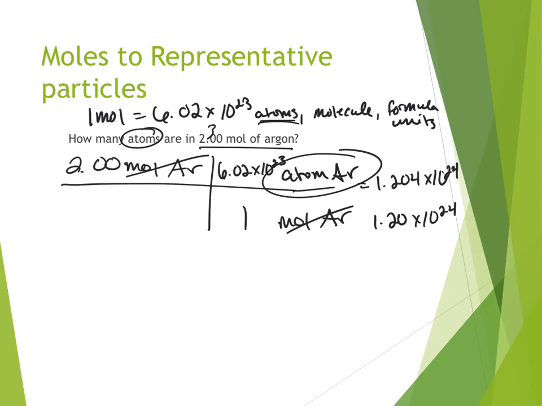The unit is still what's left up in that upper right corner, so atom of argon is going to be my unit, and you just put that next to the times 10 to the 24th, so atom argon. Okay, so there's that one.